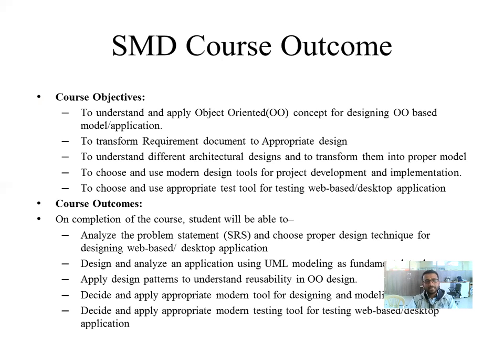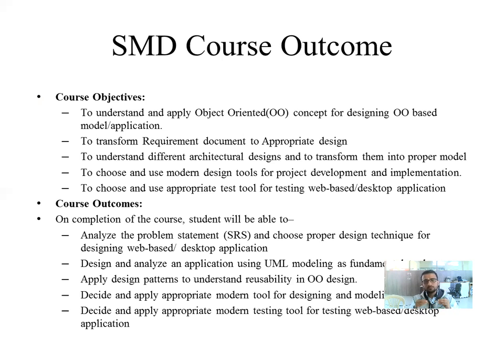Then the next objective is to choose and use the modern design tools. There are a number of tools that can be used for designing purposes, right? Software designing means we have a tool to transform our requirement document into the design, and these different types of modern tools we are going to learn with the help of this subject.